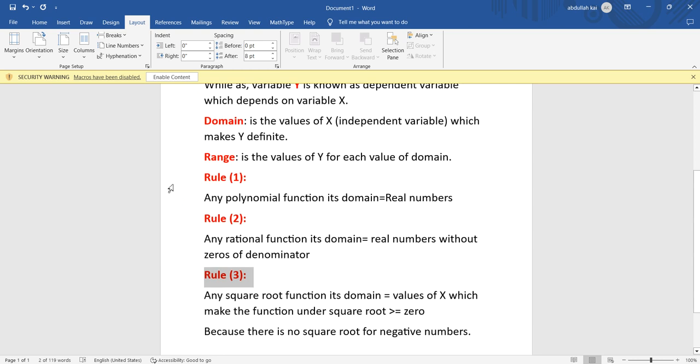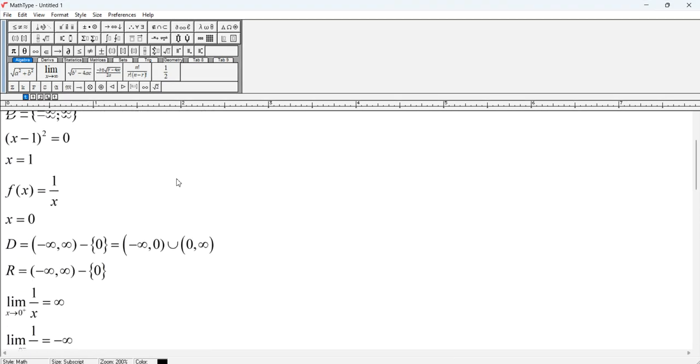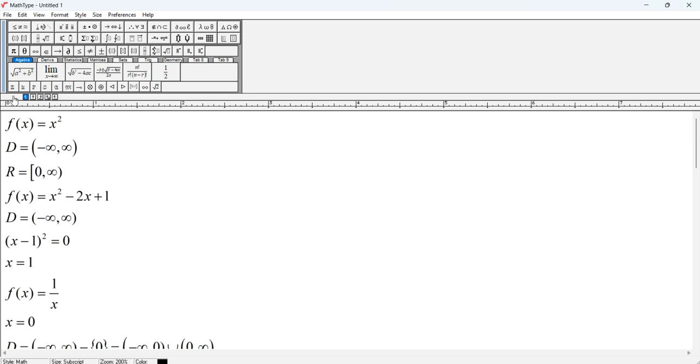The first rule I will discuss today is that for any polynomial function, its domain equals the real numbers, minus infinity to infinity. Let's see the first example, f of x equals x squared.